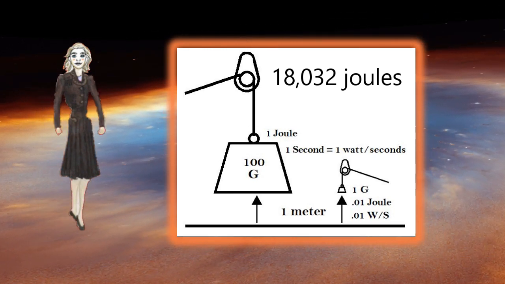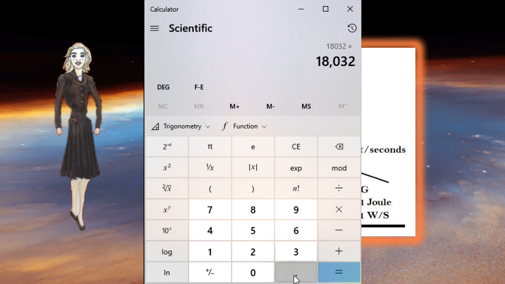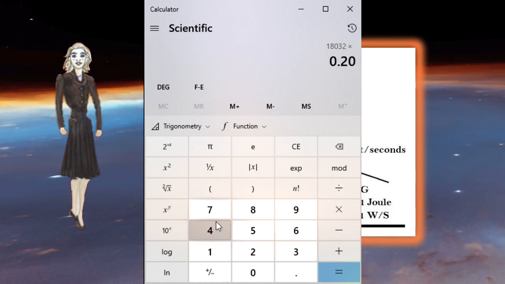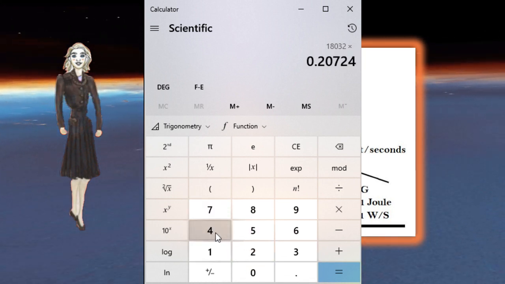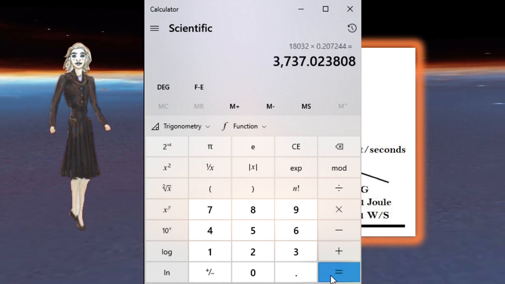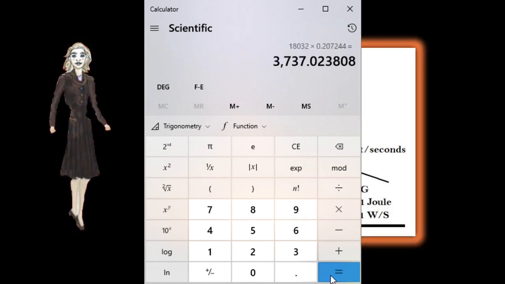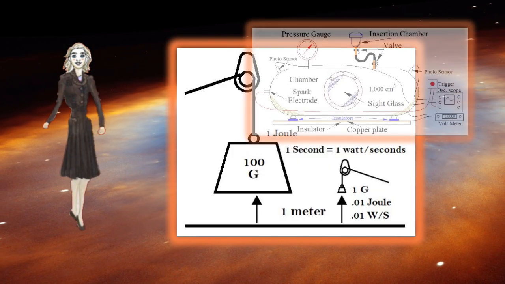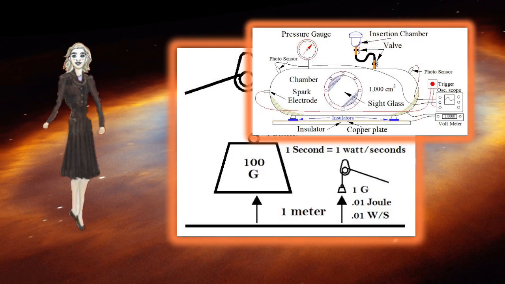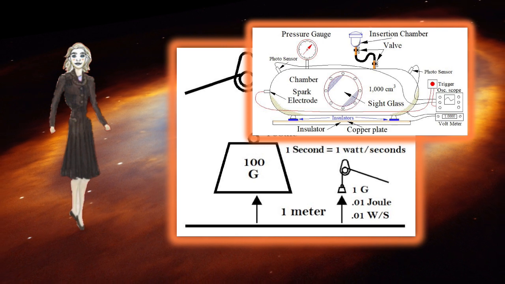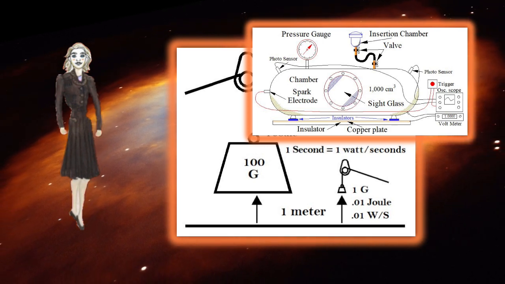So, we expect 18,032 times 0.207244 equals 3,737.0238808 joules of energy to be released in our experiment. This is considerably more energy than just the simple redistribution of energy per volume. 100 grams is about the weight of a stick of butter.